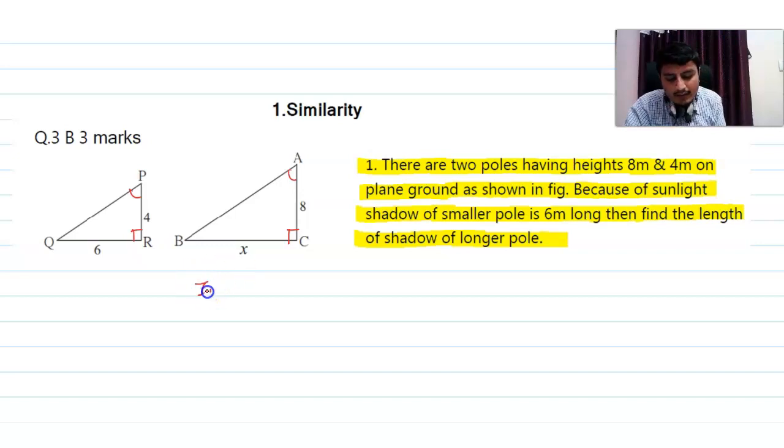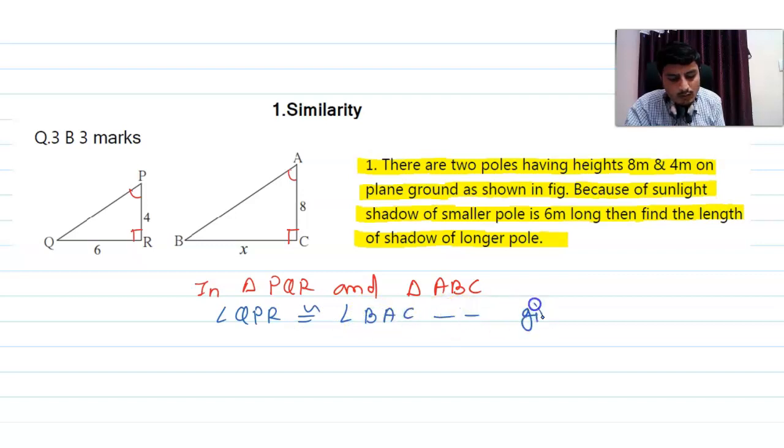Okay, so I am writing at the start, in triangle PQR and triangle ABC, we have angle QPR that is congruent to angle BAC, which is given to us. At the same time the angle between the sunlight and the height of the pole are congruent.